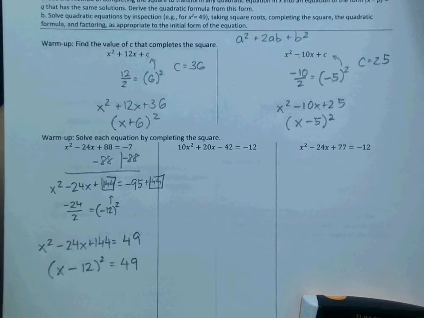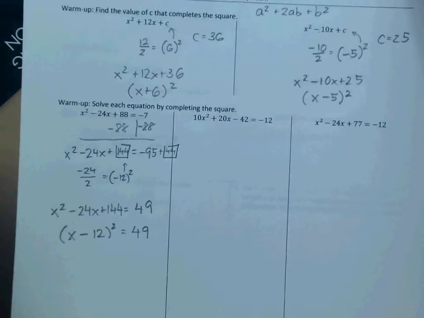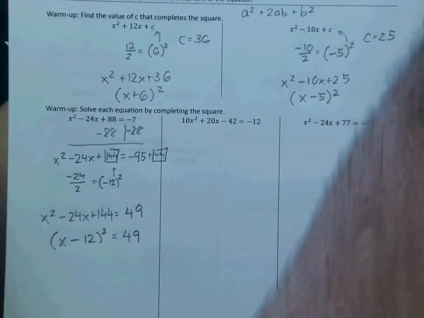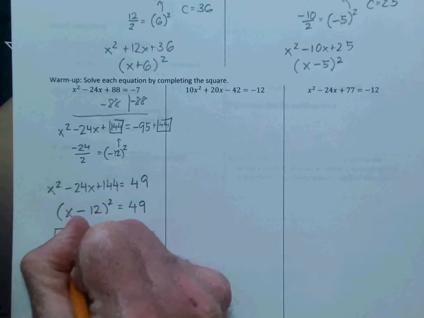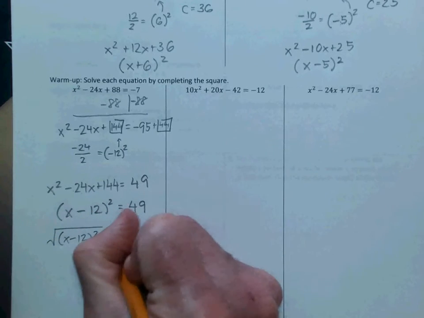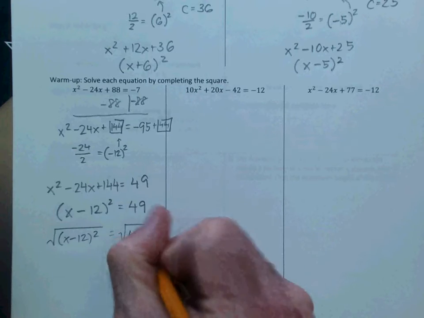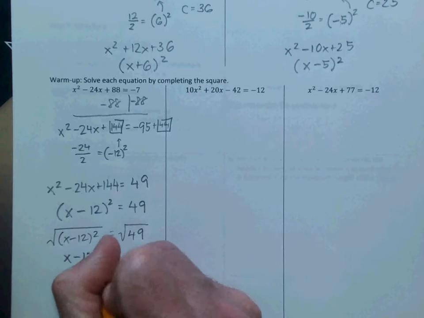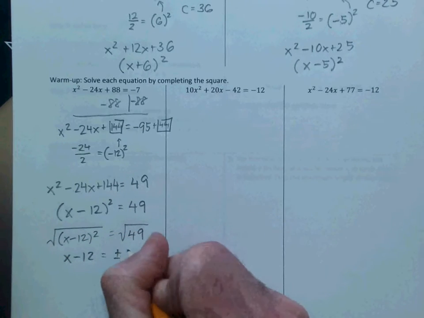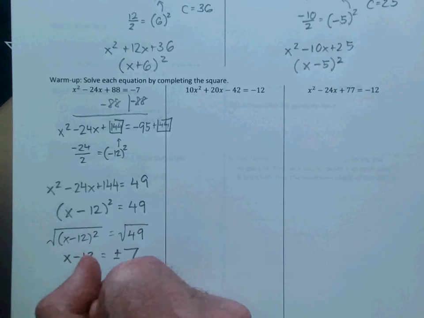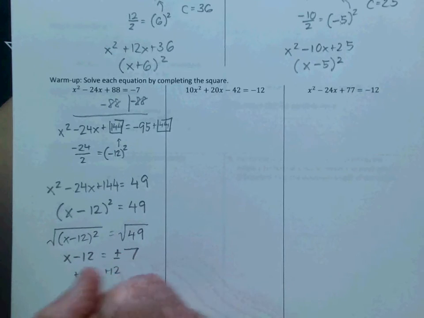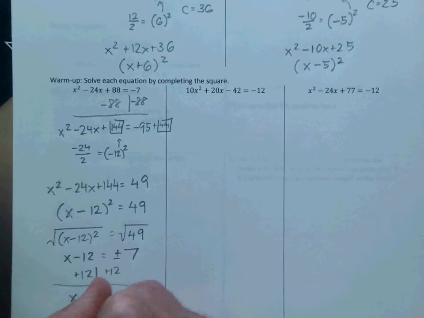Now I can solve using square roots. So I'm going to take the square root of both sides. And I will get x minus 12 is equal to plus or minus 7. The square root of 49 is 7. Add 12 to both sides, and I will get x is equal to 12 plus or minus 7.